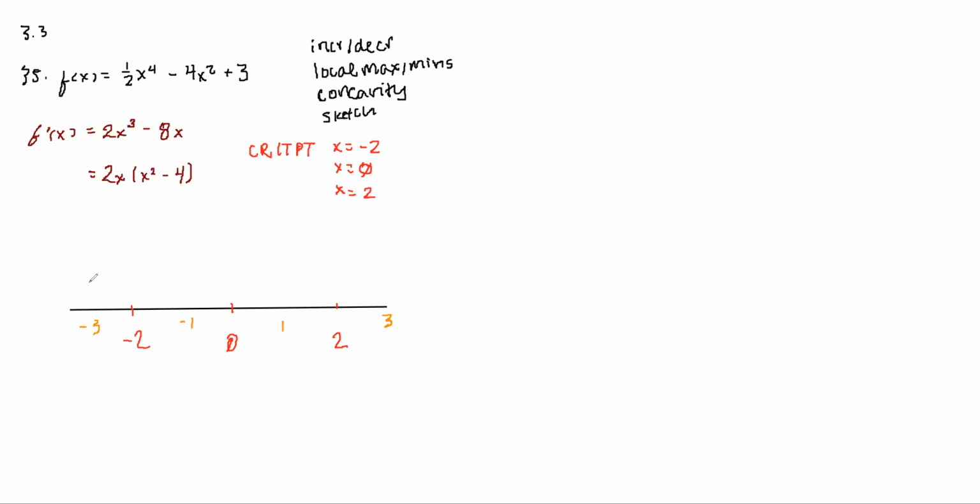At -3, I'm going to have a negative times 9 minus 4, which is positive. So I'm going to have a negative times a positive, so this whole thing is going to be negative. I'm going to draw that as a downward facing arrow. And then a negative times 1 minus 4 is a negative, so I'm going to have a positive.